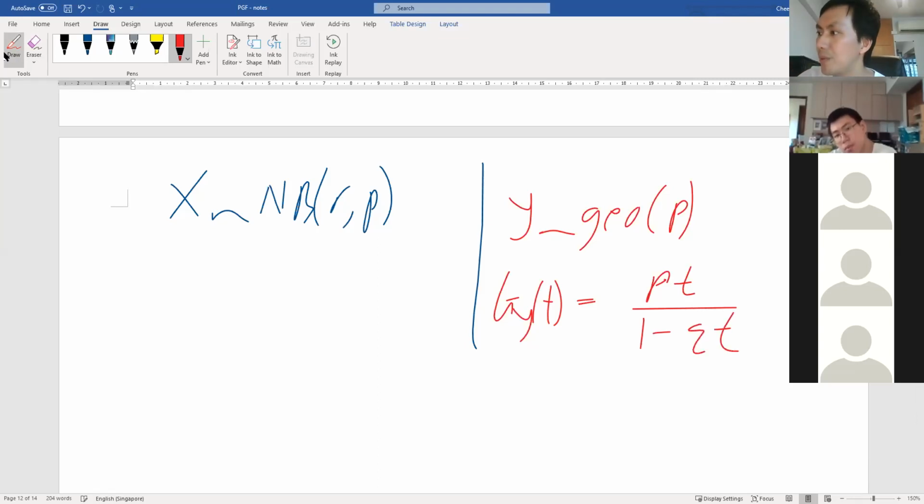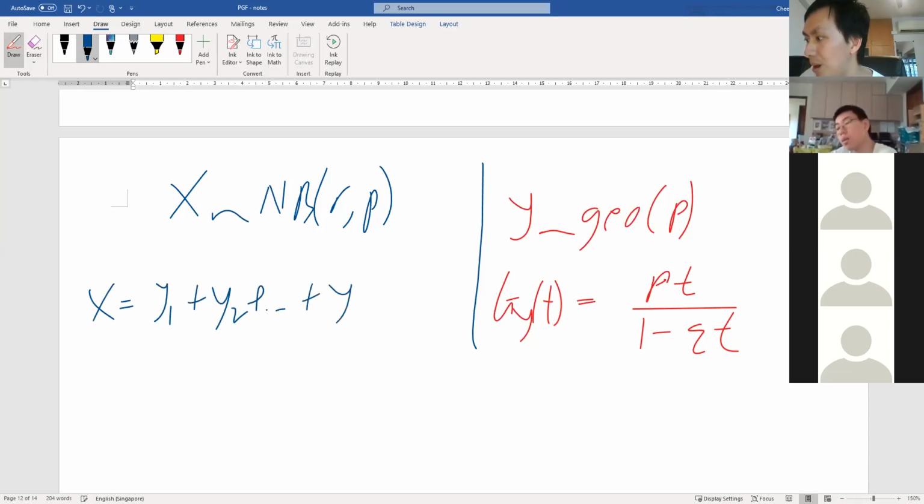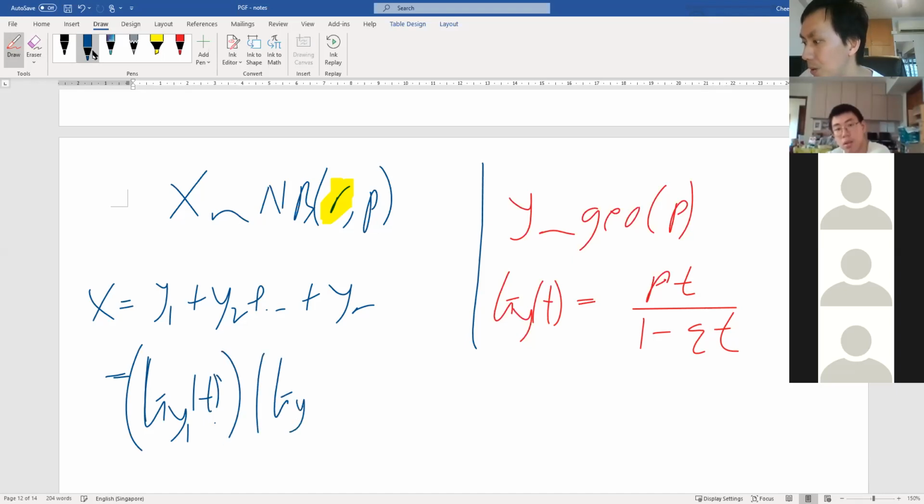Okay, so we know that X is actually Y1 plus Y2 plus dot dot until YR, because you want to have R successes. So from here, you will see that this is actually just the PGF of Y1, the PGF of Y2, dot dot until the PGF of YR.